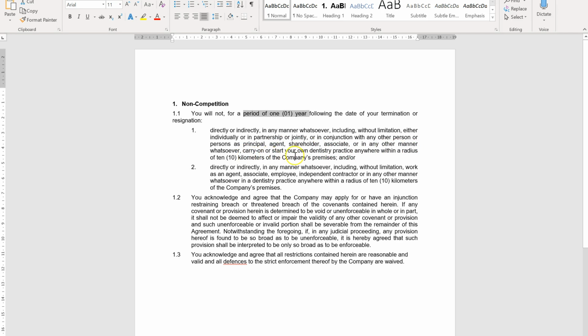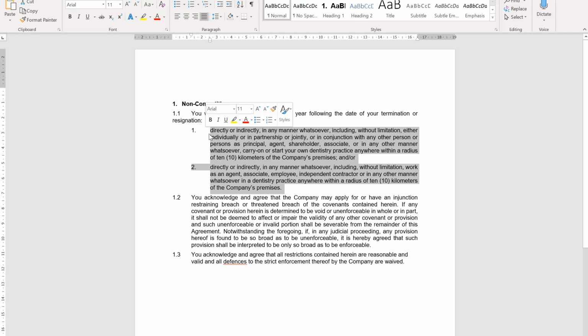Carry on or start your own dentistry practice anywhere within a radius of 10 kilometers of the company's premises, or directly or indirectly in any manner whatsoever, including without limitation, work as an agent, associate, employee, independent contractor, or in any other manner whatsoever in a dentistry practice anywhere within a radius of 10 kilometers of the company's premises. So this is a pretty strict clause, right?